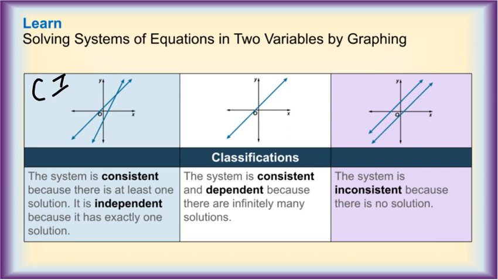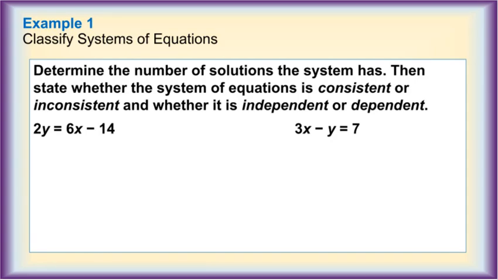So let's take a look at some examples by classifying based on the equations. Determine the number of solutions the system has, then state whether the system of equations is consistent or inconsistent, and whether it is independent or dependent. So I'm going to solve for y by dividing by 2 here. I have y equals 3x minus 7.